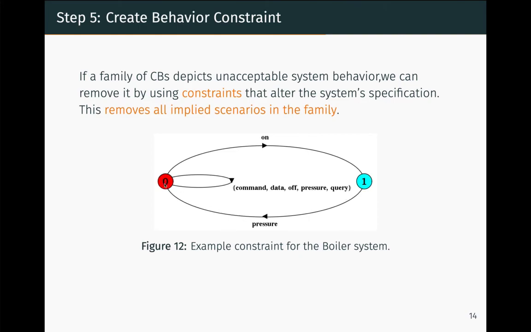So after someone sends an on message, we disallow query from occurring. And this would remove all the different variations of that implied scenario that are part of the same common behavior. So this would remove multiple implied scenarios by constraining a single behavior of the system.